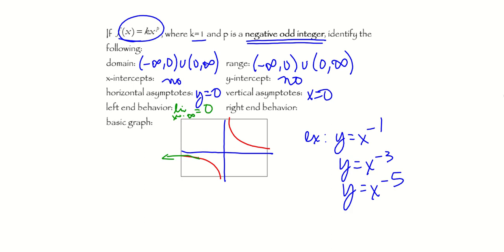My right-end behavior would require jumping on the right side of my graph and following it to the right. It's approaching that horizontal asymptote, and the limit of this function as x goes to positive infinity is also 0. So my left and right end behavior are both 0 because on both ends it's approaching that horizontal asymptote.